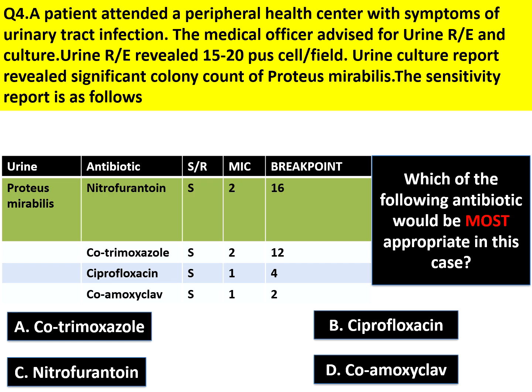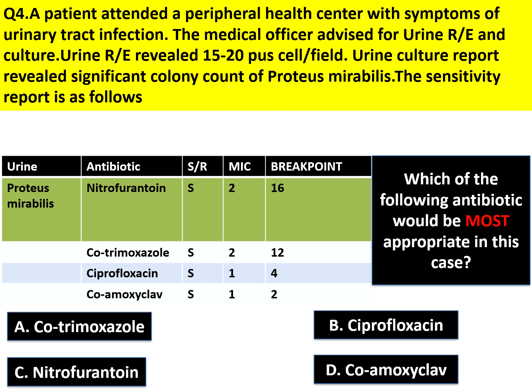Next factor: whether any antibiotic we are choosing is intrinsically resistant to the organism we isolated. Now for Proteus mirabilis, we can see that nitrofurantoin is intrinsically resistant. So for Proteus mirabilis infection, we can't use nitrofurantoin. So we have eliminated nitrofurantoin and coamoxiclav. Then the available options are cotrimoxazole and ciprofloxacin.